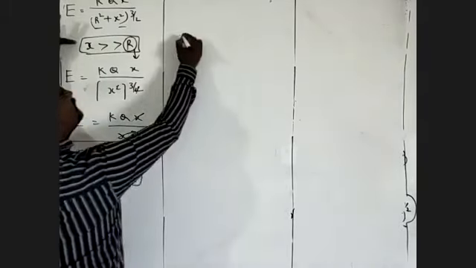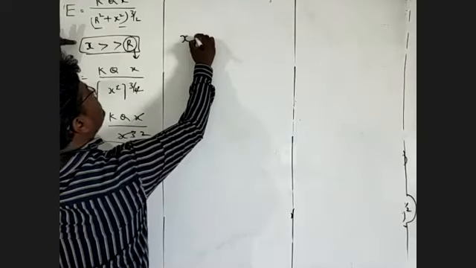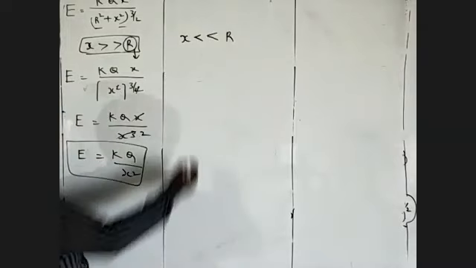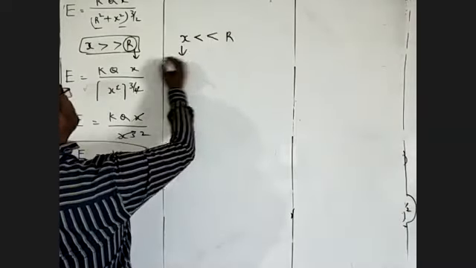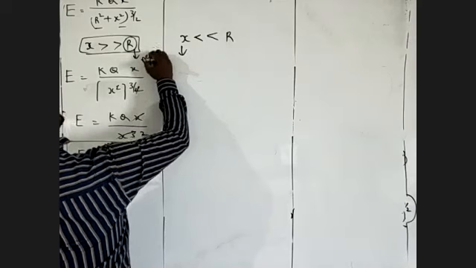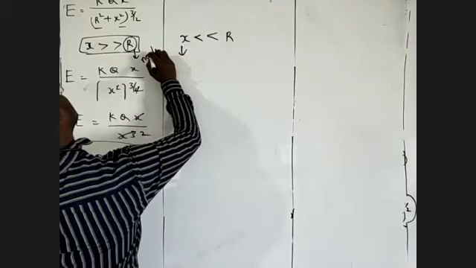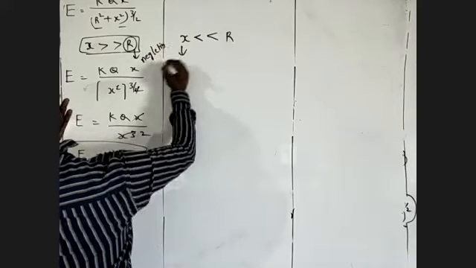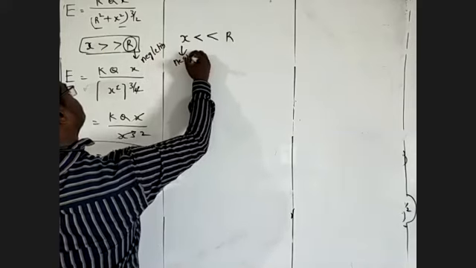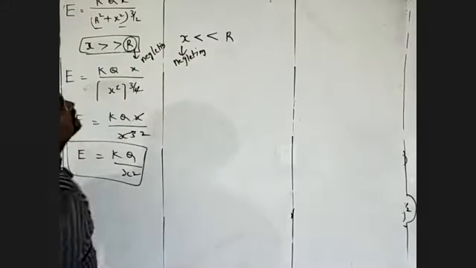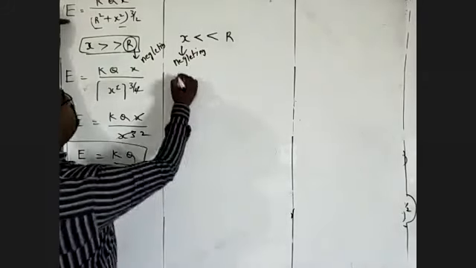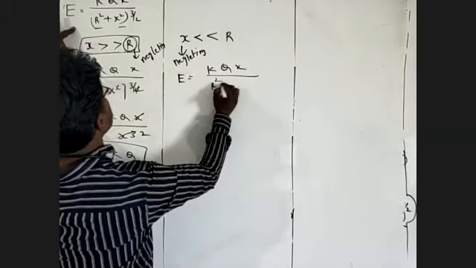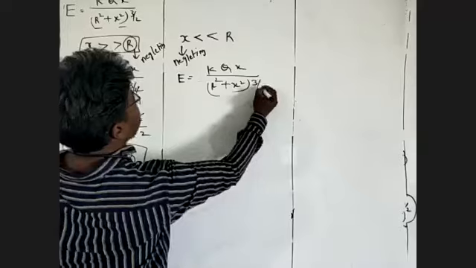Suppose, for example, in the next situation, x is much less than r. Here x should be neglected. Now E is equal to kqx by (r square plus x square) whole power of 3 by 2.